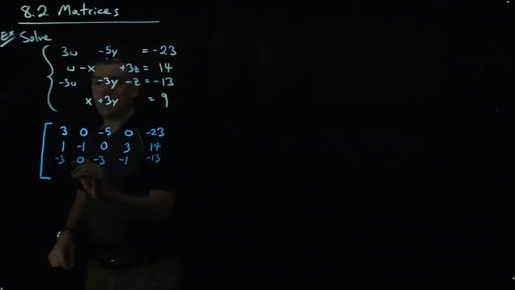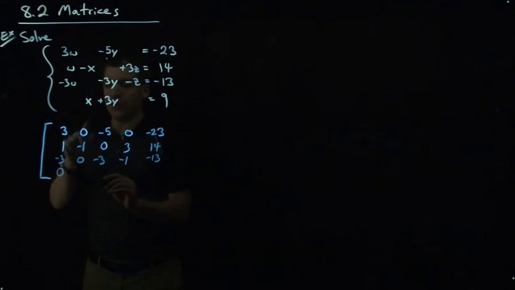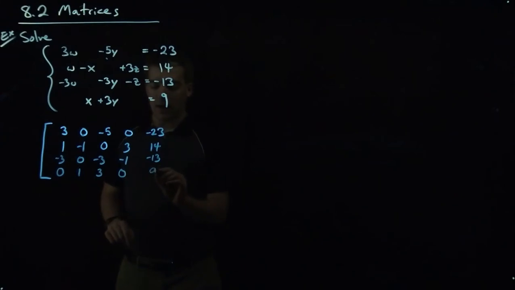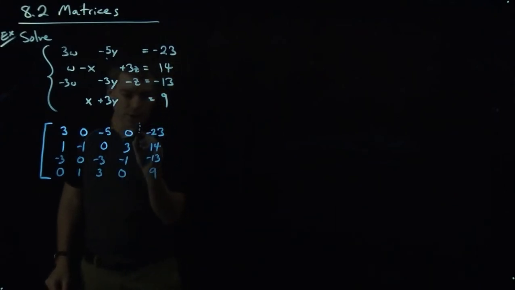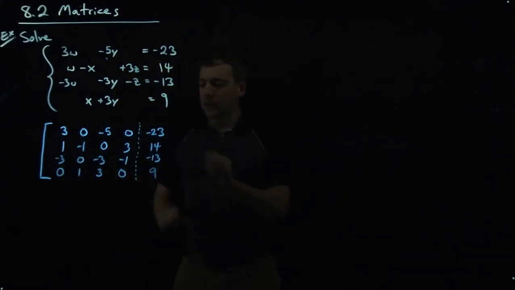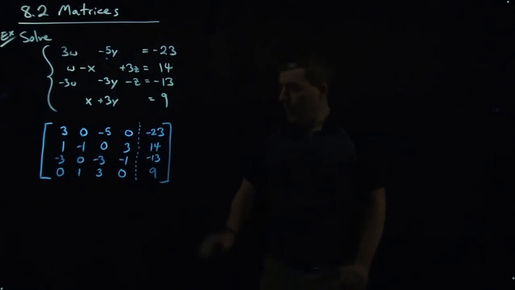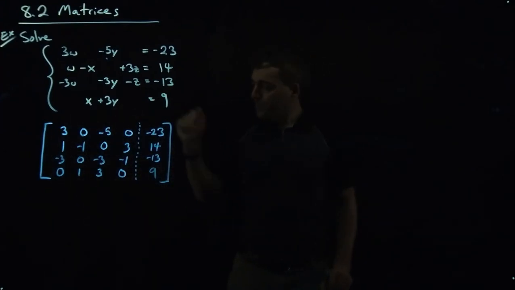And then finally, no w's, 1 x, 3 y, 0 z, and 9. We usually put a dotted line here to separate the coefficients from the constants, and then we'll close the matrix right here. So this is an augmented matrix.